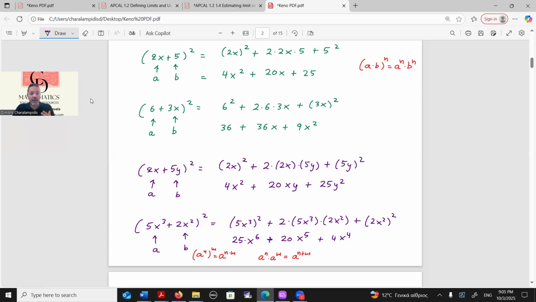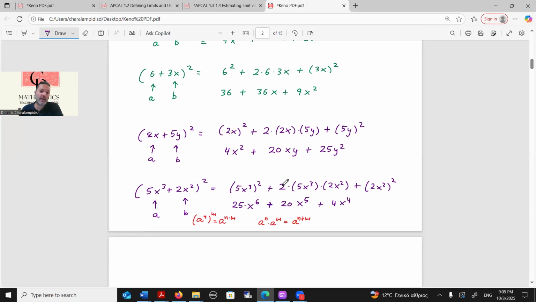So you see that even though the last one seems, and it is, harder than the original ones, we still follow the same pattern. And this video is simply on that, following patterns. From now on, you should keep in mind that whenever you see something plus something else squared, a plus b squared, that by default is equal to a squared plus 2ab plus b squared. And remember, as always, that math in general works with symbols.